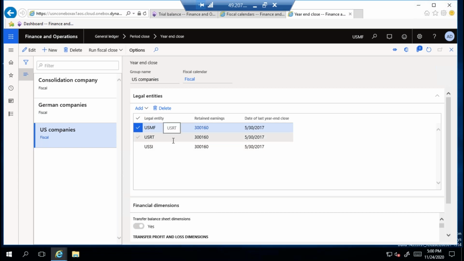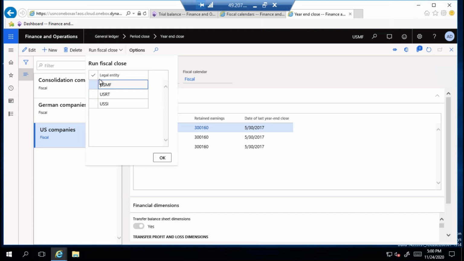Let me run this one, year-end process, fiscal year close, USMF. I'm executing for USMF. I have the option to select other legal entities also in D365. In 2012, that is not available. You can run only for that legal entity only, I mean to say for that company only.